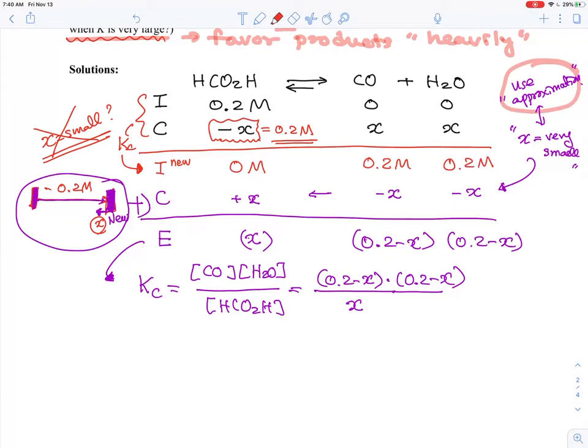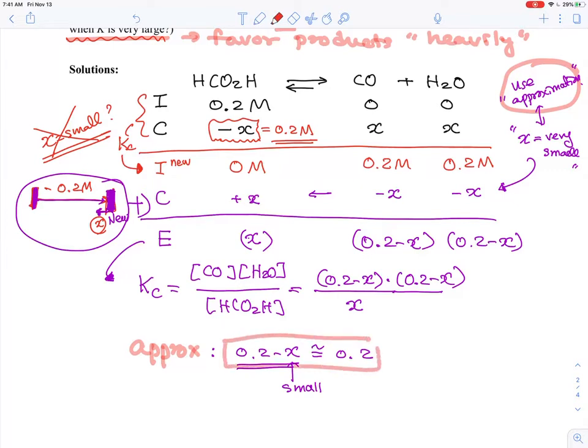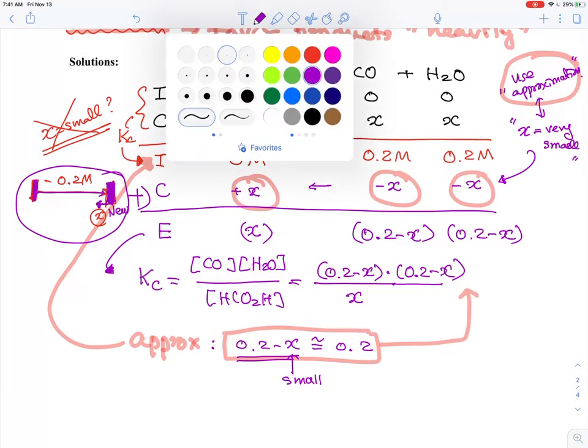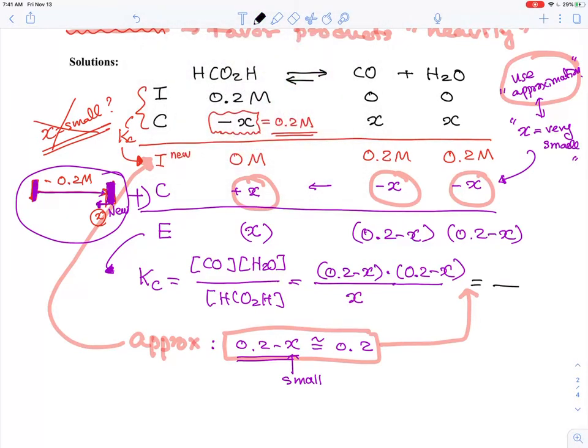What approximation can I make? 0.2 minus x, when x is very small, can be approximated to 0.2, right? That's really the whole purpose for us to establish the new initial condition, so that we can make this x value small.